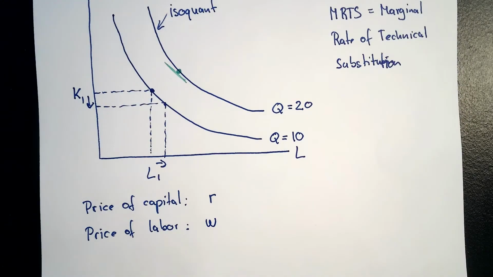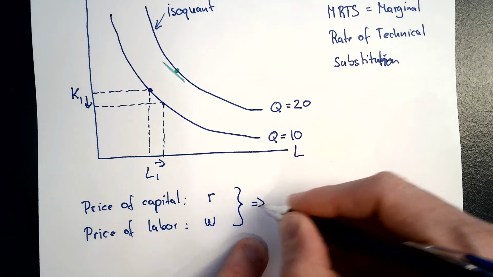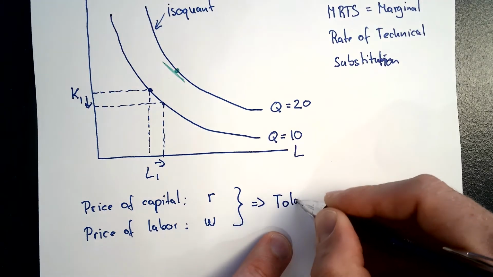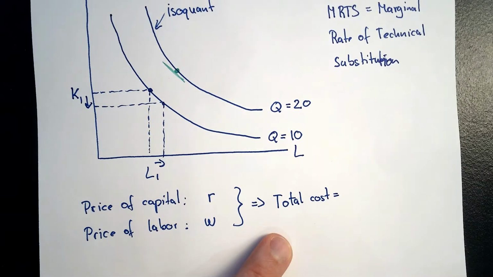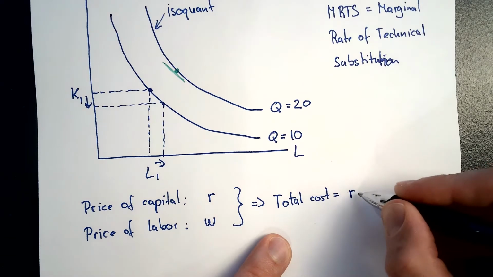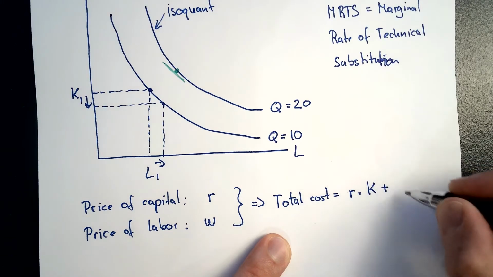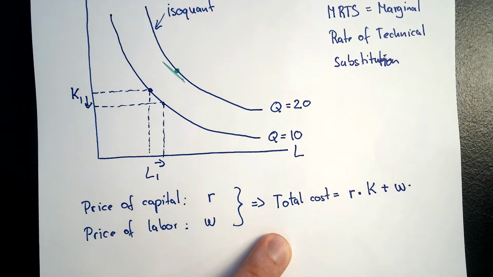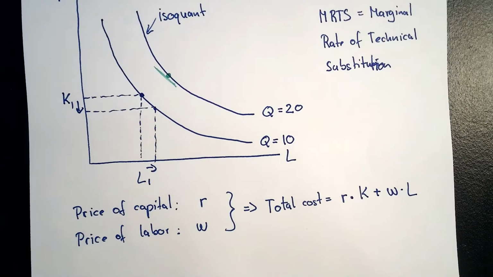Based on this notation, we know that the total cost of the firm is written as the price of capital r times K plus the wage per worker, w, times L. So this represents the total cost of the firm.